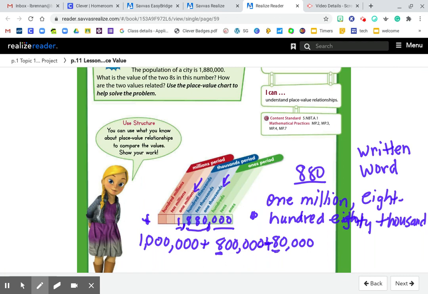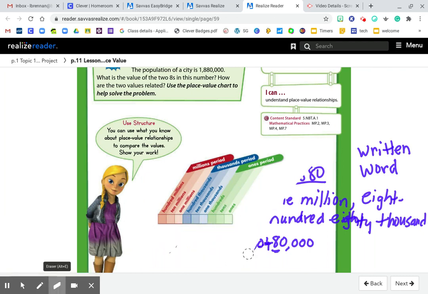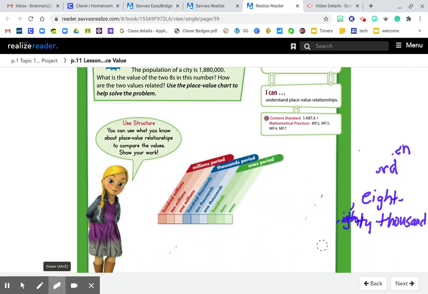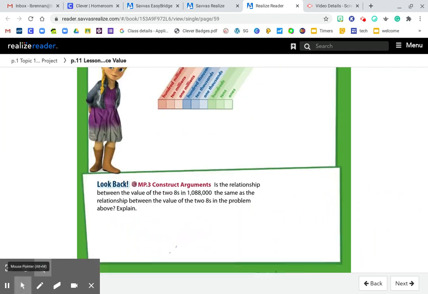It's the same digit, but it's in a different place value. We touched on that a little bit in the last lesson when we talked about exponents, and the lesson before that when we previewed what we're doing with this unit.